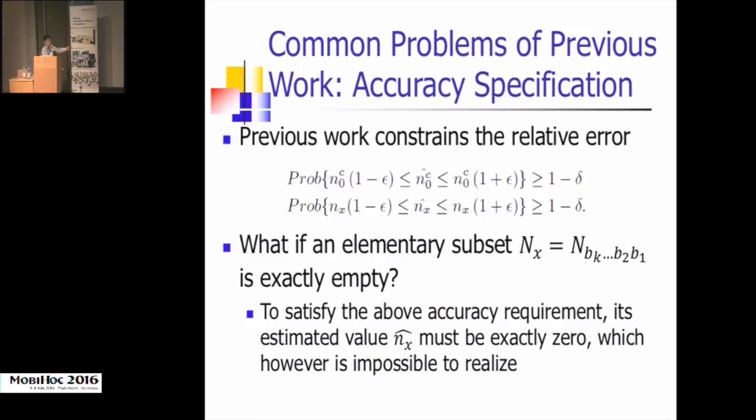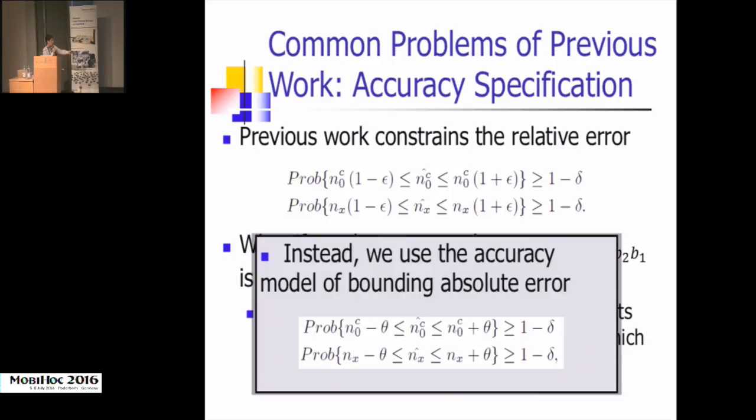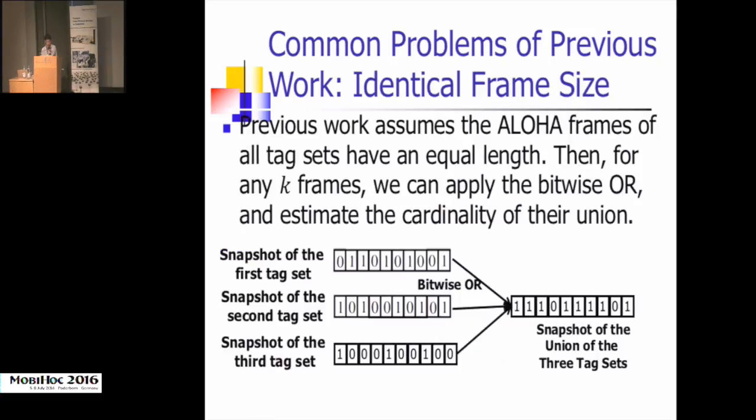Otherwise, we cannot satisfy this equation. So this result is impossible to realize. So we argue that we should forsake this kind of accuracy specification. We need to bound the absolute error instead. So this is one problem with the previous work.